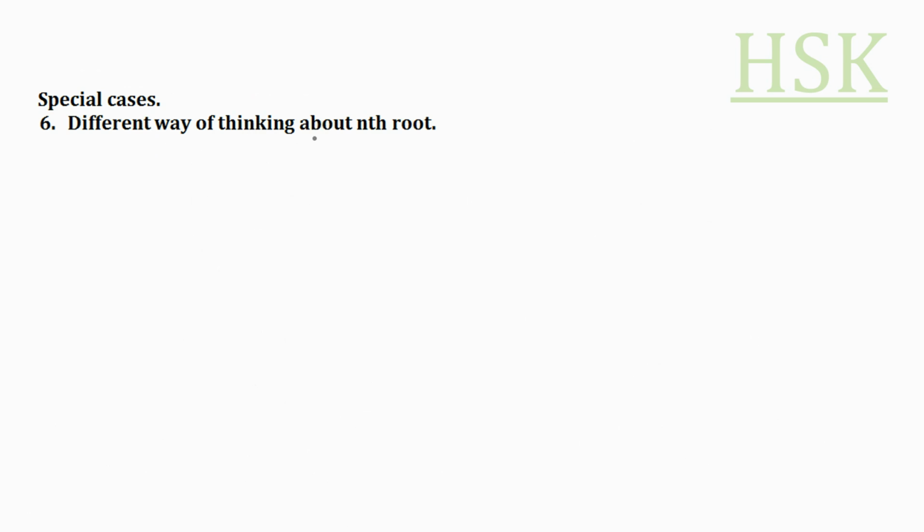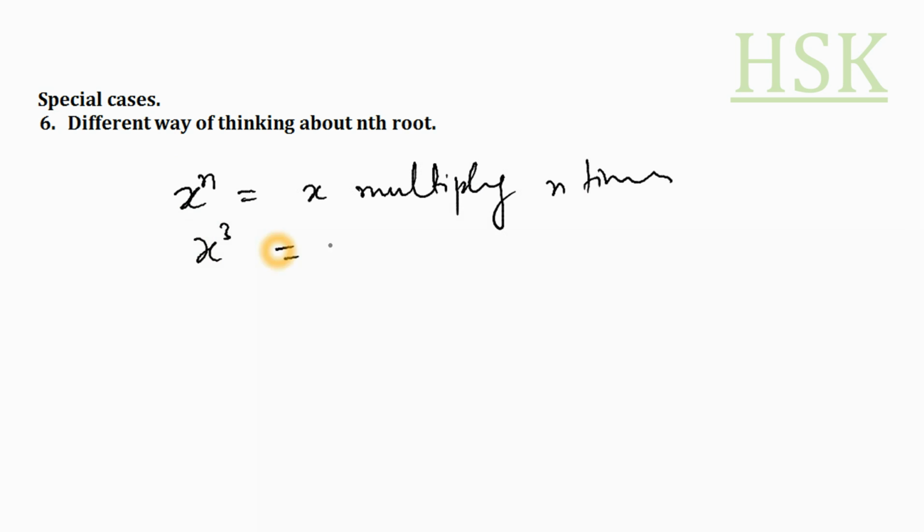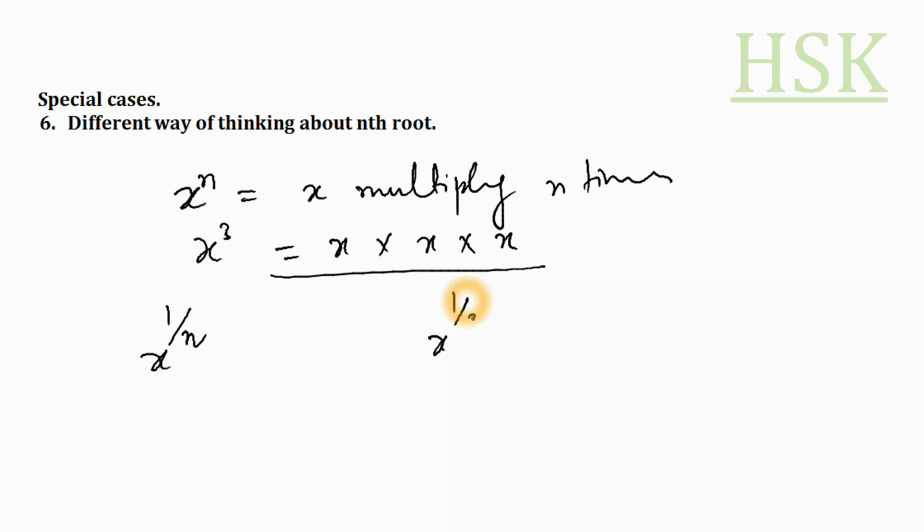Next is a different way of thinking about the nth root. Taking a point that x to the power of n means x multiplied n times. X to the power of 3 means x multiplied 3 times. Correct? Now, what about the nth root? What about x to the power of 1 by 3?